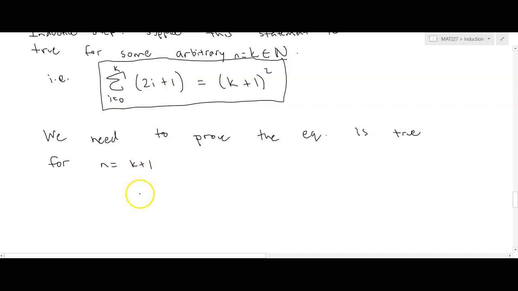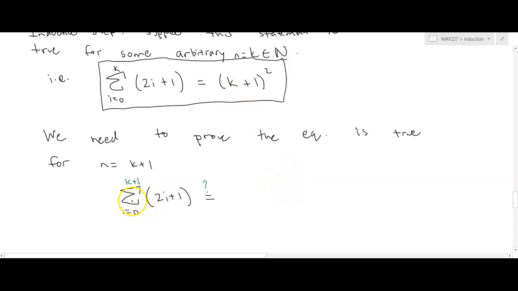So what would this look like? Well, our sum would go from i equals 0 to k plus 1 of 2i plus 1. And so what we would expect that to look like is, let me actually erase this and write this in a different color to put emphasis on this. We want to establish, is this relationship going to be true?